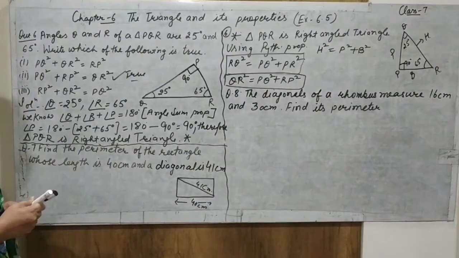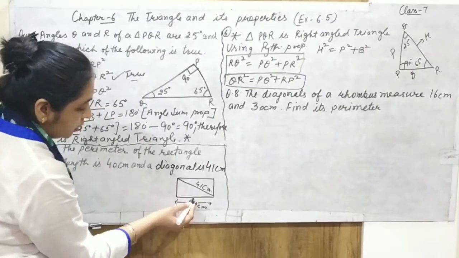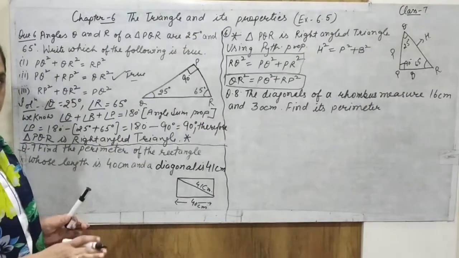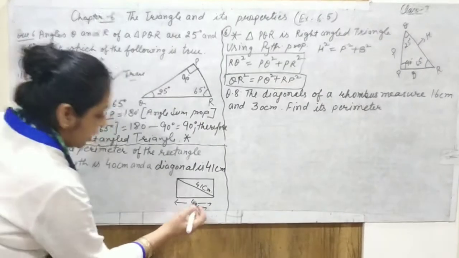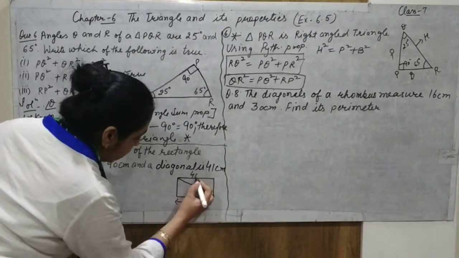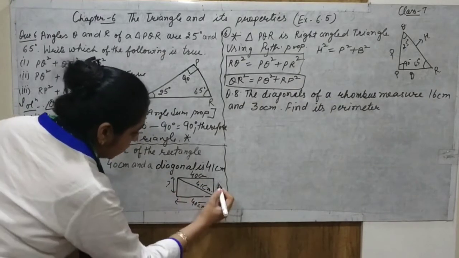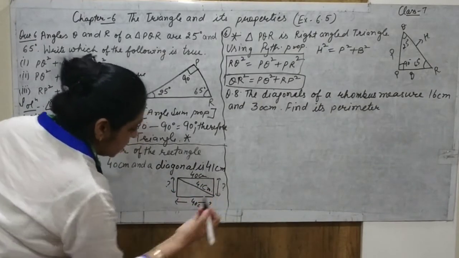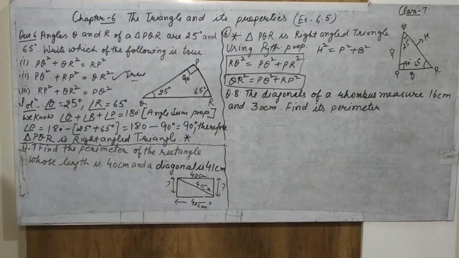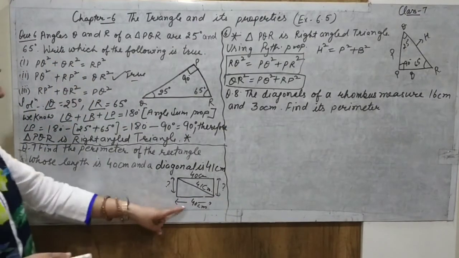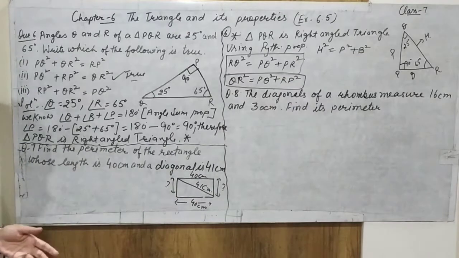In a rectangle both the lengths are equal because opposite sides are equal. If this is 40, this is also 40 centimeter. But we don't know about this. This is what? The breadth we don't know, na? Only the length we have.